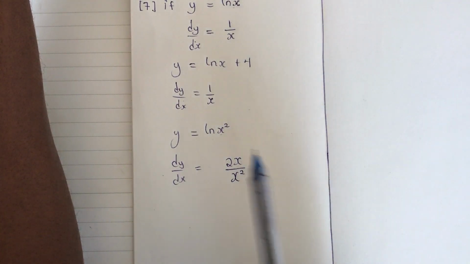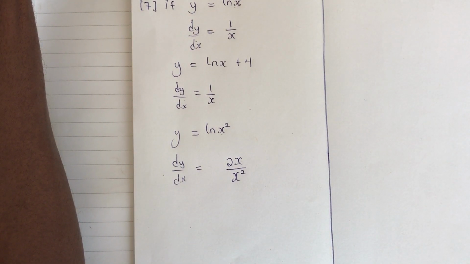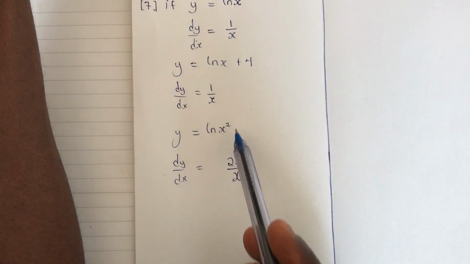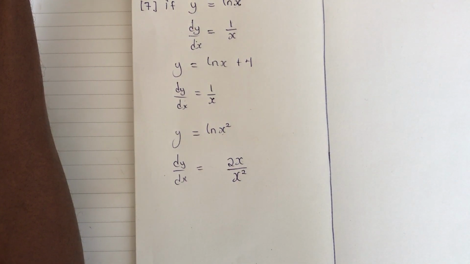And so for a question of this form, you need to apply chain rule. I will not be talking about chain rule here in this one. Locate my video under chain rule for natural log functions and you will see it there. I've explained in detail how to differentiate ln functions using the chain rule.